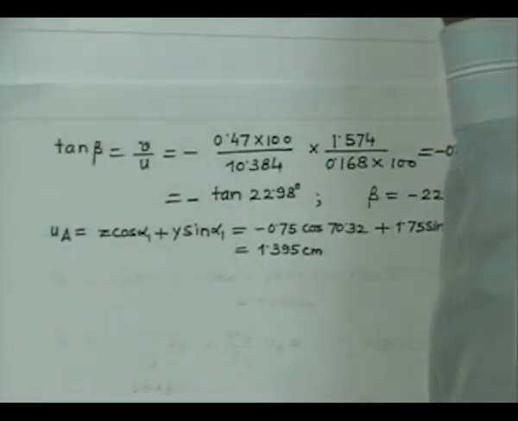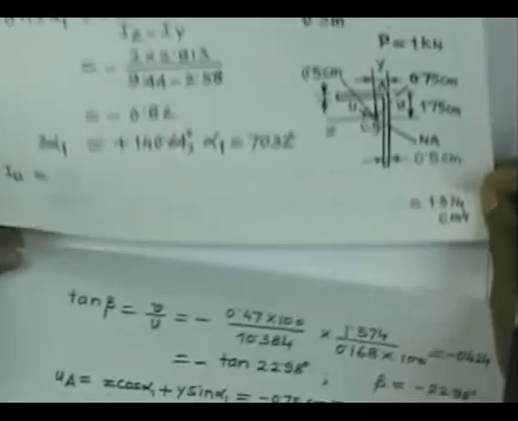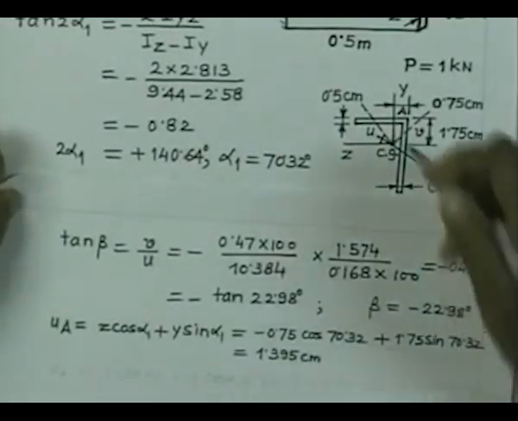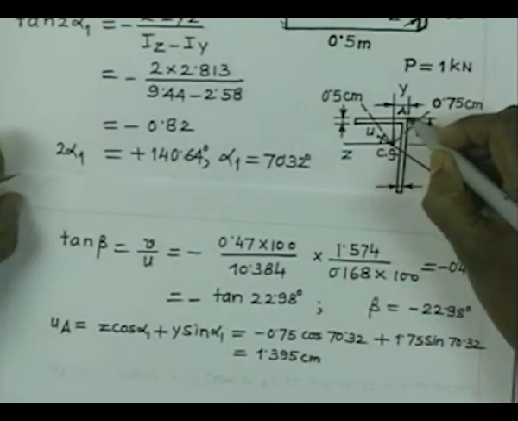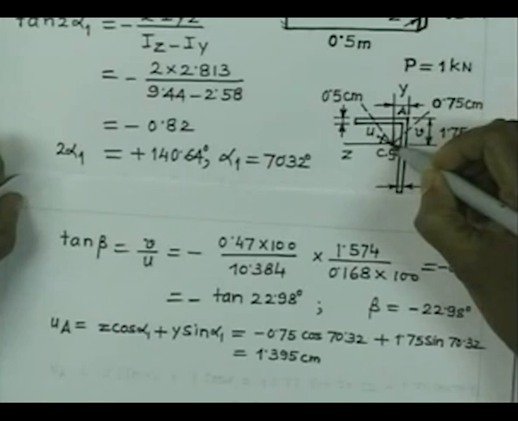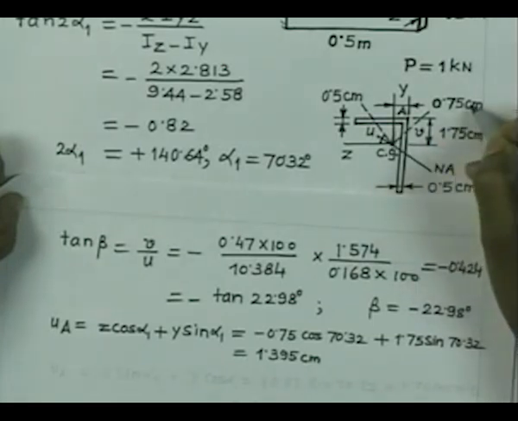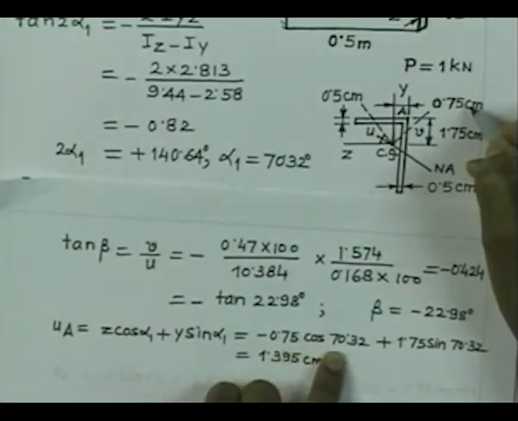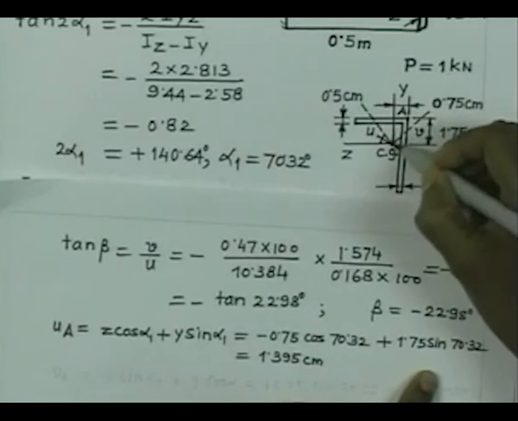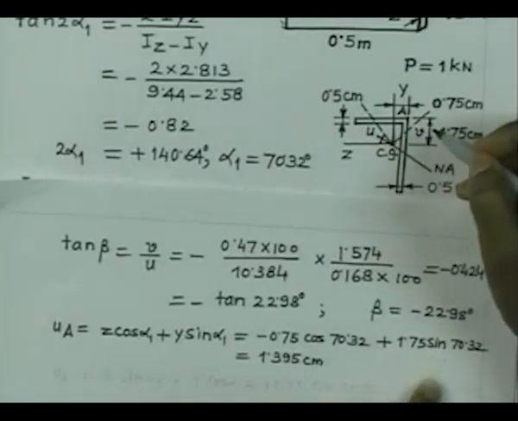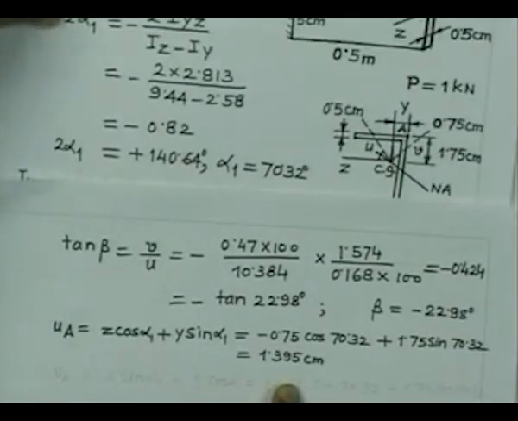I am trying to find the coordinates of this point. It is at a distance of minus 0.75, and at a distance of 1.75 from the z axis. So, this is uA.